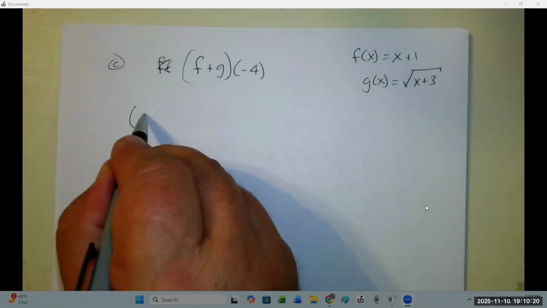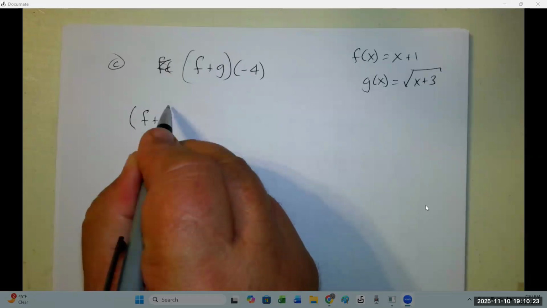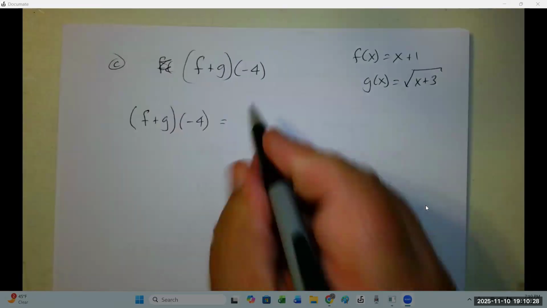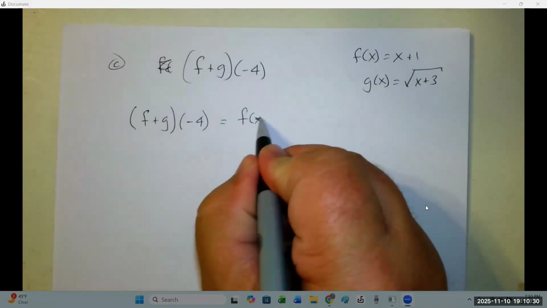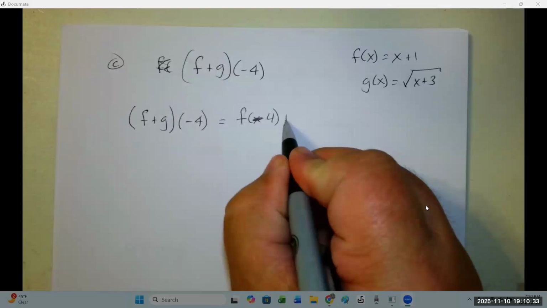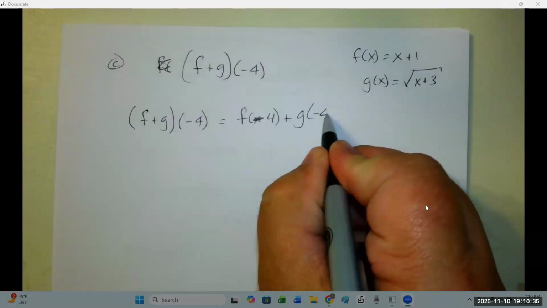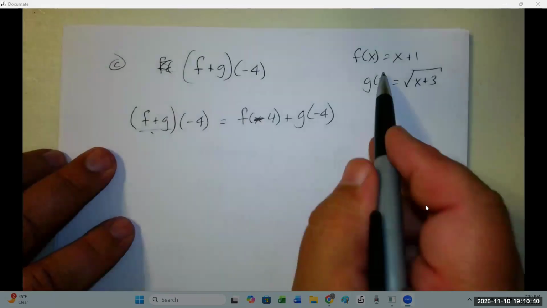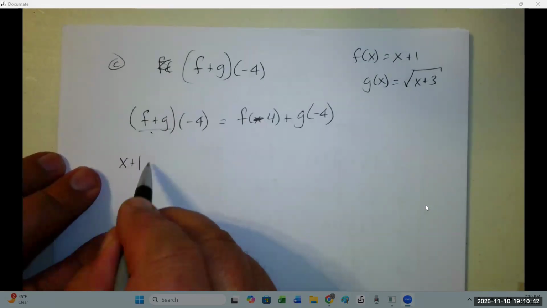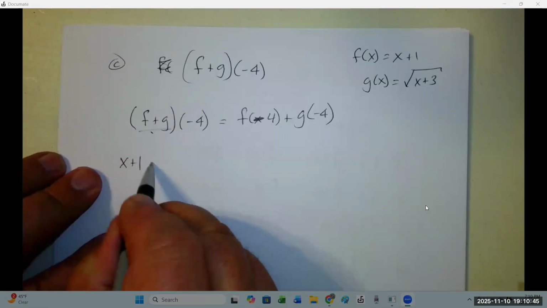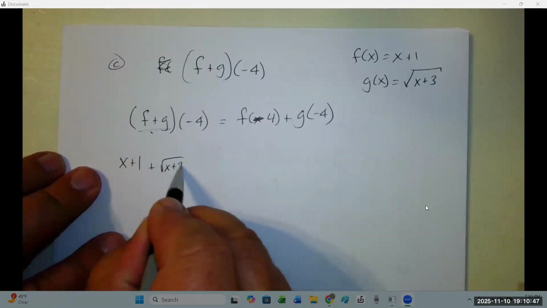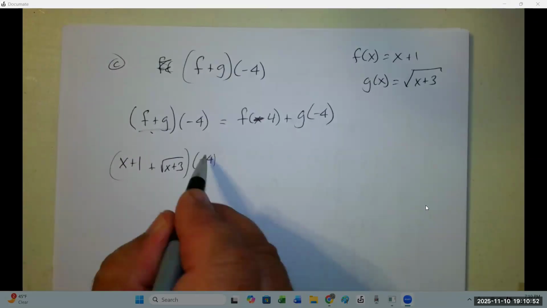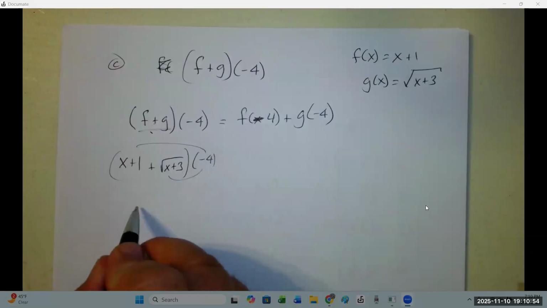So what this says, it could be f of -4 plus g of -4. So we take this one first. We have x plus 1, that's f, plus g, which is the square root of x plus 3, of -4. So anywhere I see an x, I put a -4.